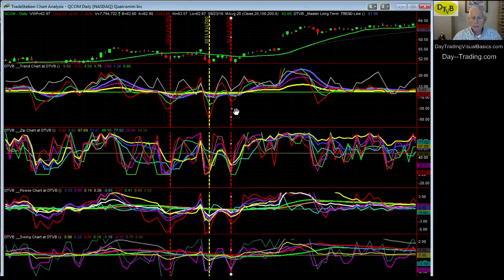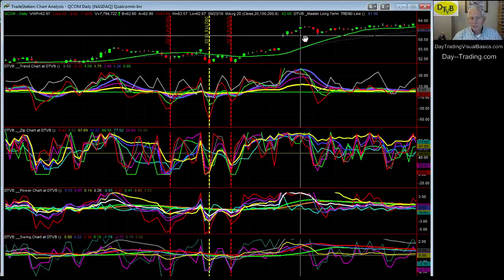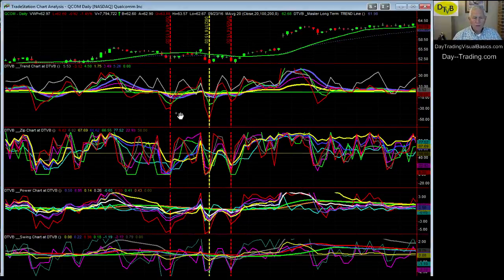And that would be real typical of what I'm going to talk to you about. If you look, the next day we have a green candle, and we have 1, 2, 3, up to 16 days to this top green candle in which we go up in price. Over here we have 14 days from the first red vertical line to the second red vertical line.